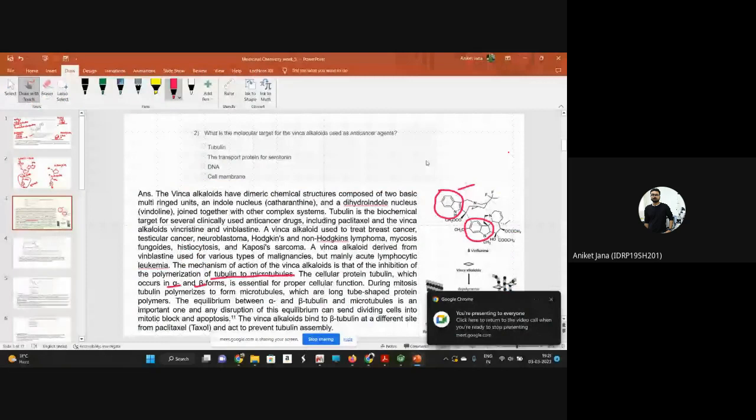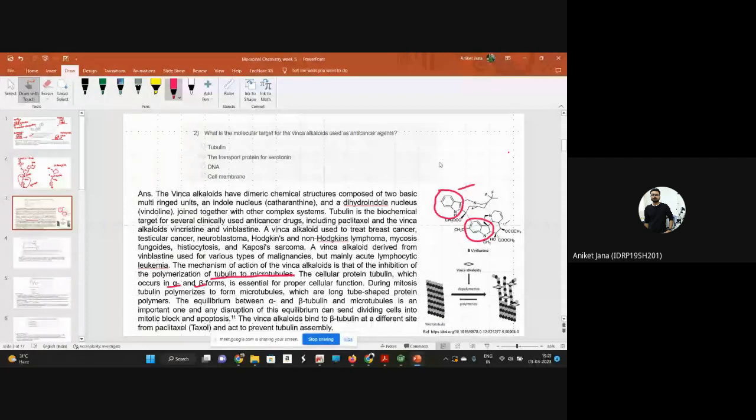Okay, so can you tell me what is a microtubule in one sentence, very briefly? What is a microtubule and what is its function?